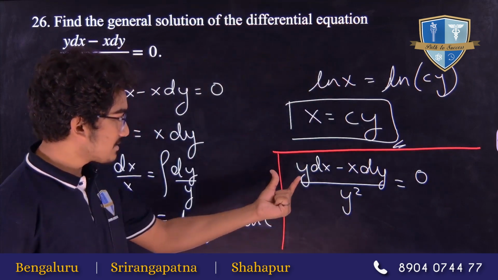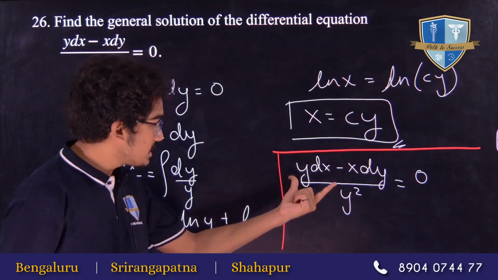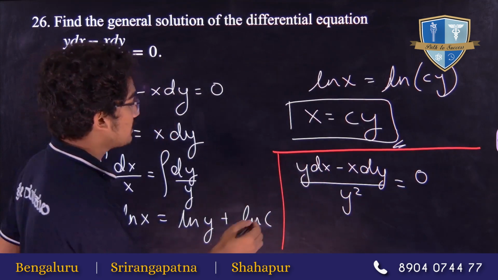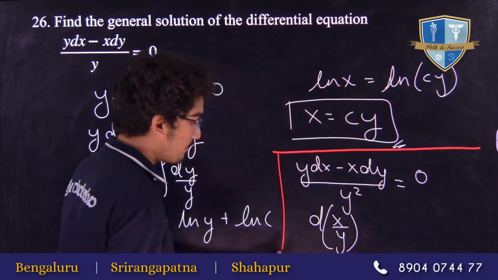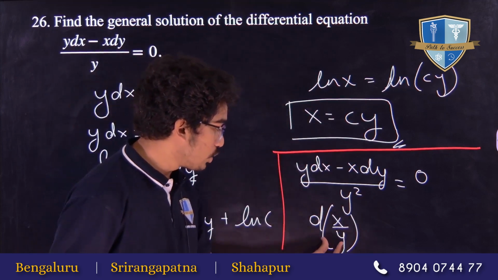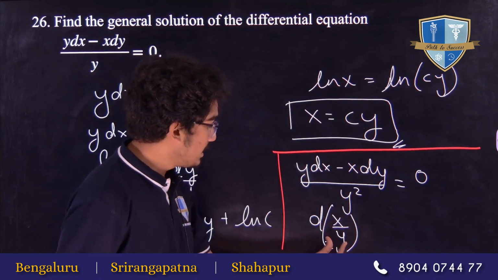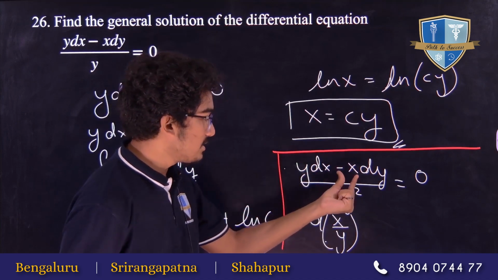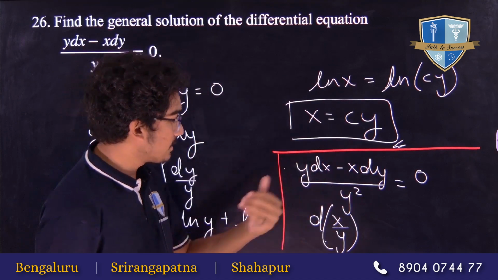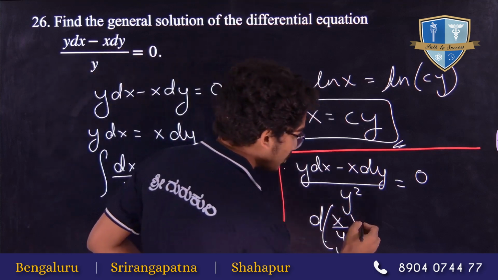Now if you understand, this is the differentiation of x upon y. If we do differentiation of x upon y, we keep the denominator square, then the denominator as it is, then differentiation of numerator, then numerator as it is, and differentiation of denominator. This is nothing but differentiation of x by y, which equals 0.